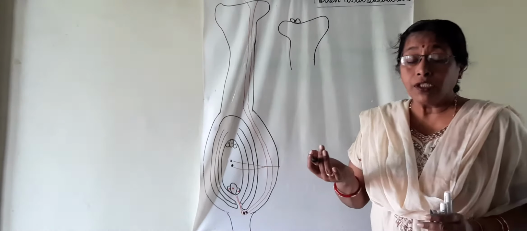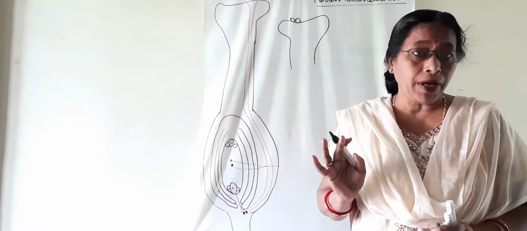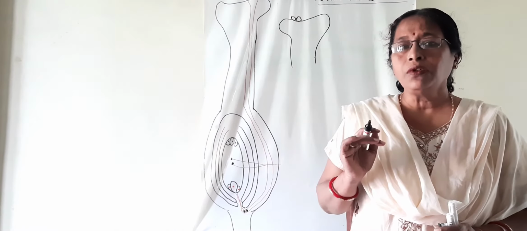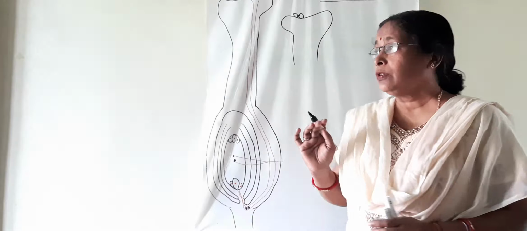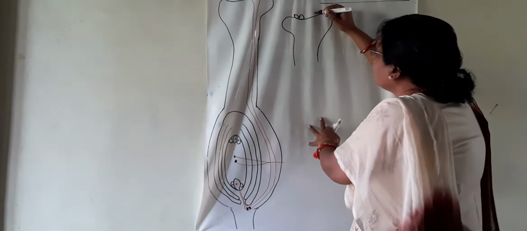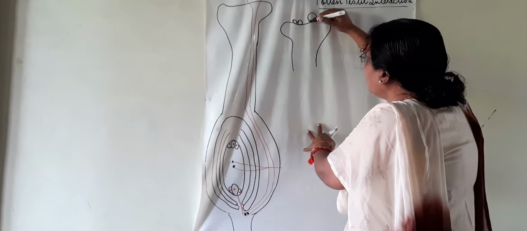Now after this interaction, once the stigma finds that the pollen grain is compatible, it stimulates the pollen grain to germinate and develop the pollen tube. So a pollen tube will be germinated.